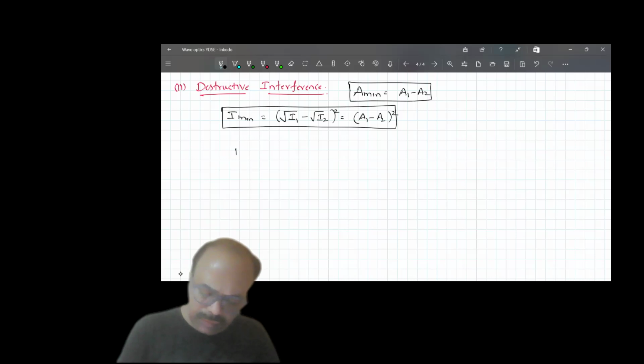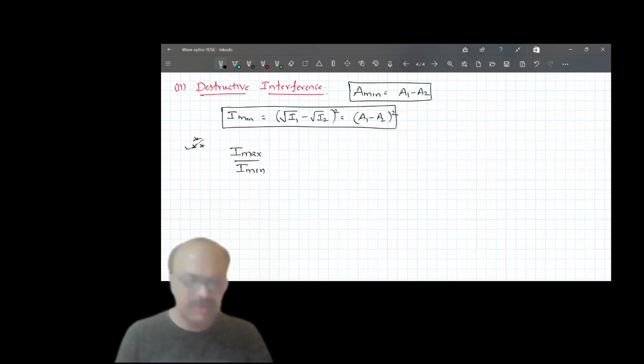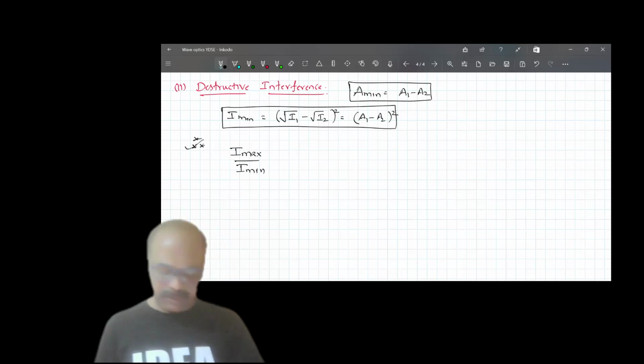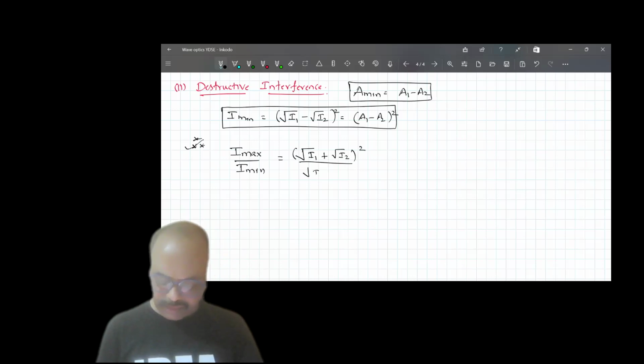Now, here in examination they ask I max by I minimum. This is a very important formula. Very, very important formula. I max by I minimum equals root I1 plus root I2 whole square by root I1 minus root I2 whole square.